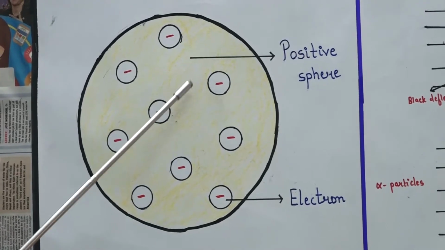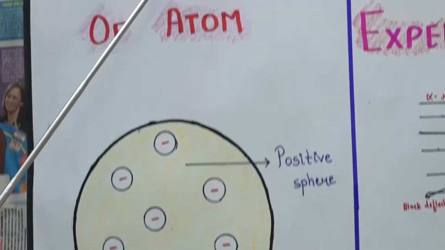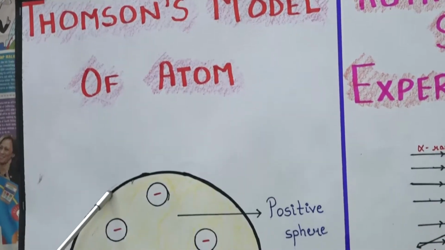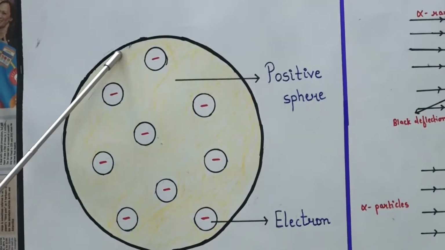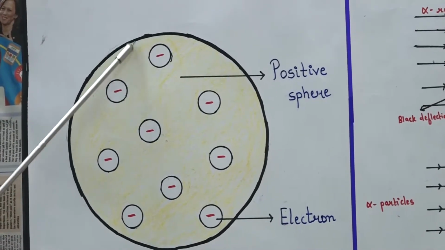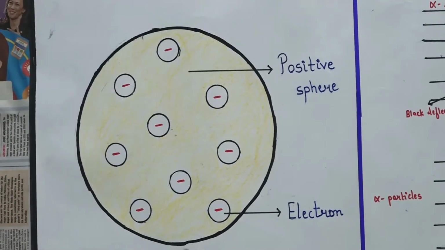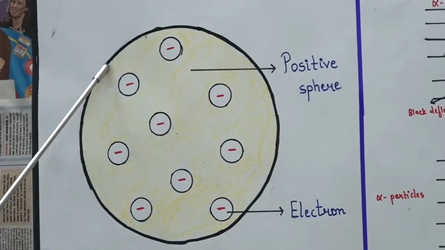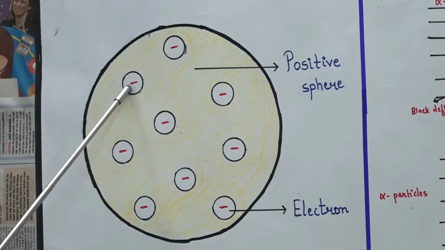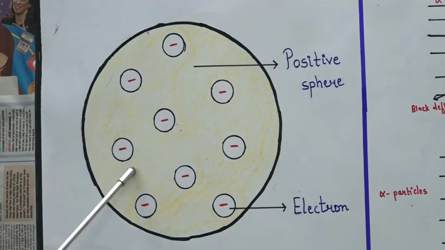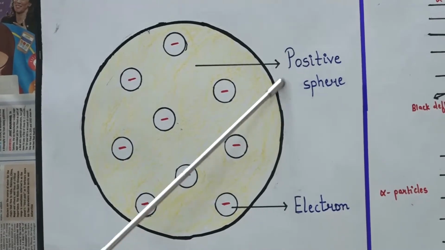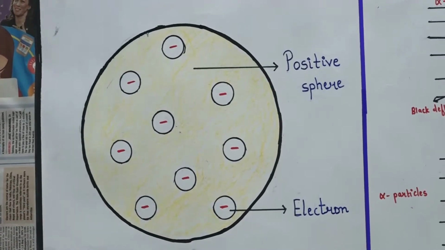Therefore, J.J. Thomson in 1904 proposed an atomic model where he tried to explain that an atom was a sphere of positive charges in which were embedded a number of electrons sufficient to neutralize the positive charge.